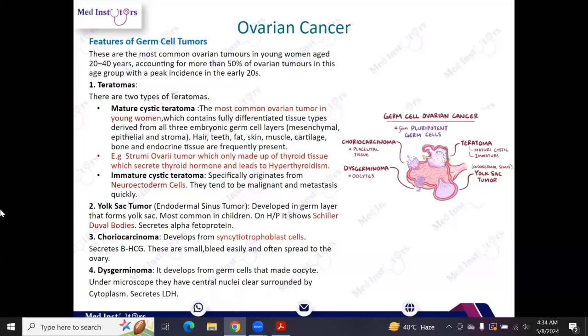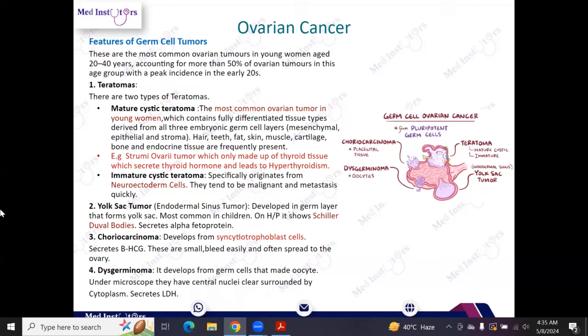Okay, next we have yolk sac tumor. As its name indicates, it's a germ cell tumor which particularly arises in the tissue which gives rise to the yolk sac. It is mostly common in children. There are two important key points you need to remember. If the examiner wants you to pick yolk sac tumor, he will give you one or both of these positive findings.